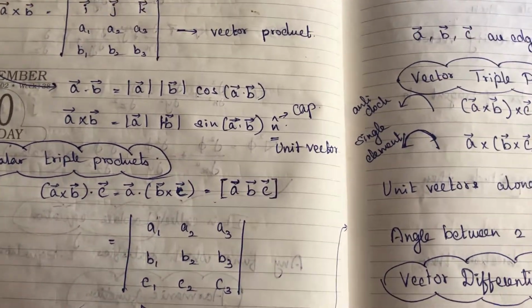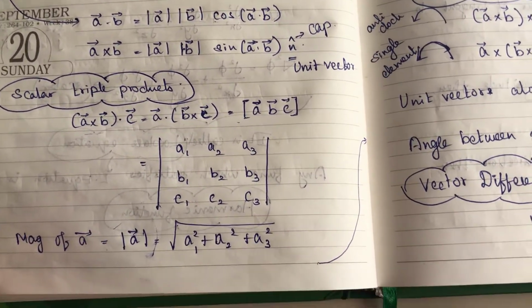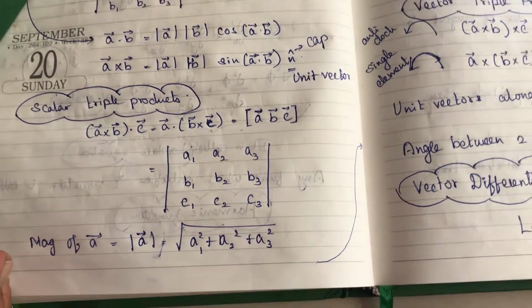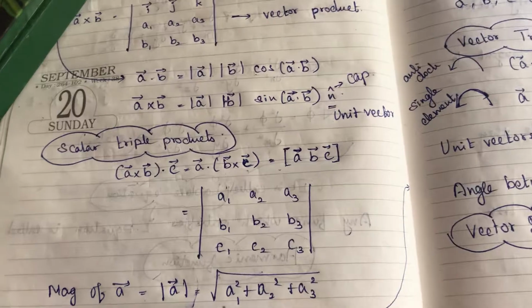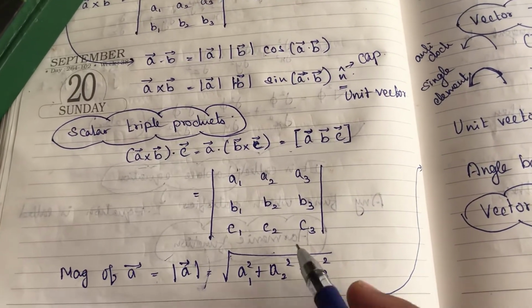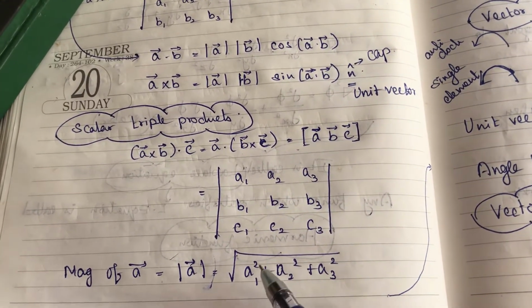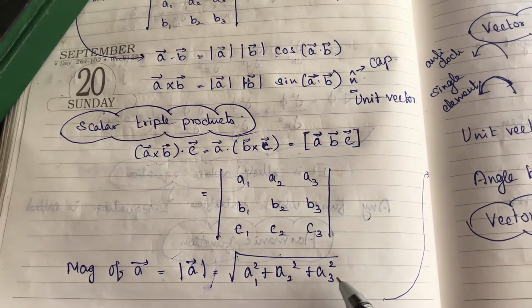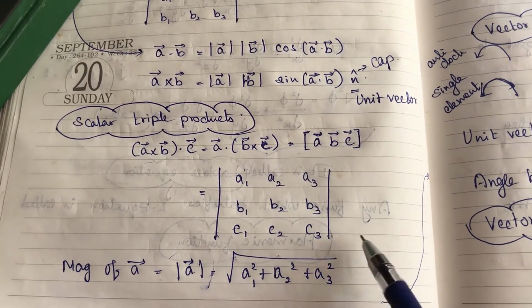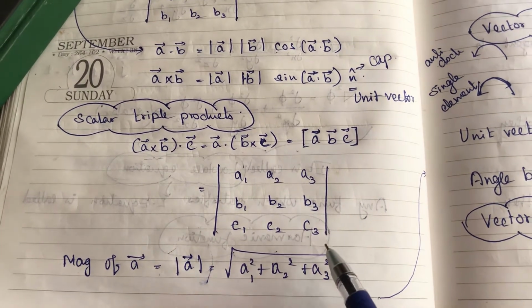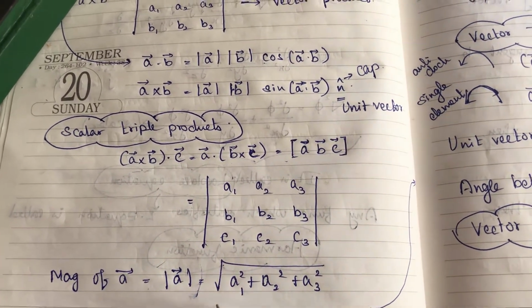So root of A1 square plus A2 square plus A3 square, right? So A vector has three components, i vector, j vector, k vector, right? So I need to square those magnitudes and then take the square root. Okay, this is the modulus of A.